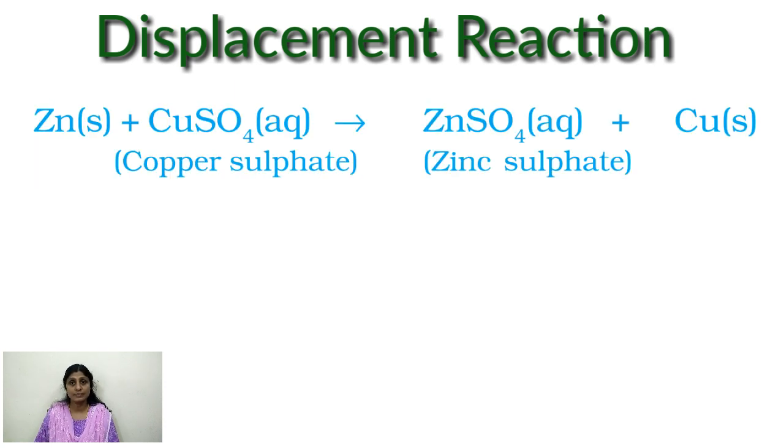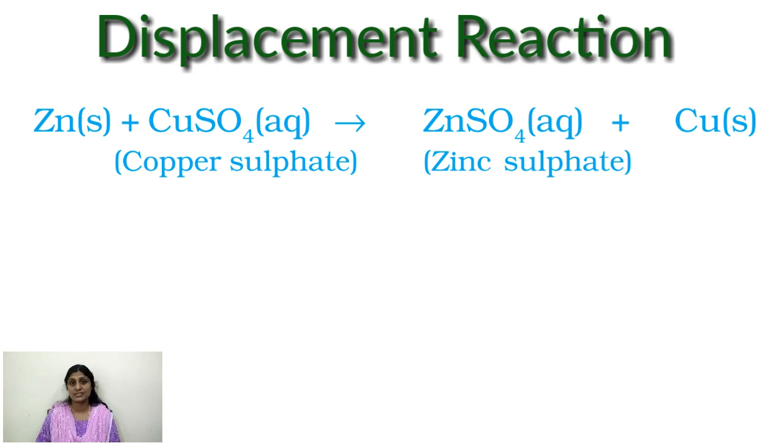Another example, when a strip of zinc metal is placed in copper sulfate solution, zinc sulfate and copper are formed. Zn in the solid state plus copper sulfate, CuSO4 in aqueous state, gives ZnSO4, zinc sulfate in the aqueous state, plus copper Cu in the solid state.